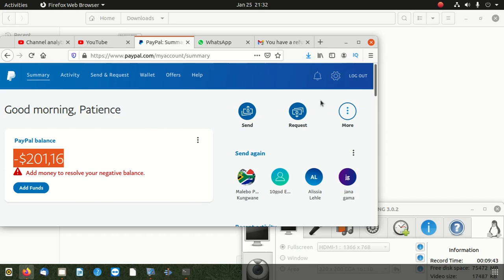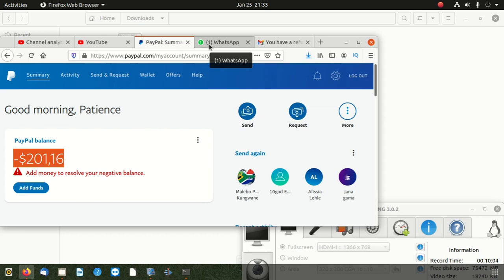So they want the client who bought something to get it, so that you also get paid. So if you get paid before that, and then the client didn't get the item, they're going to pay the client, but you're going to be owing them.